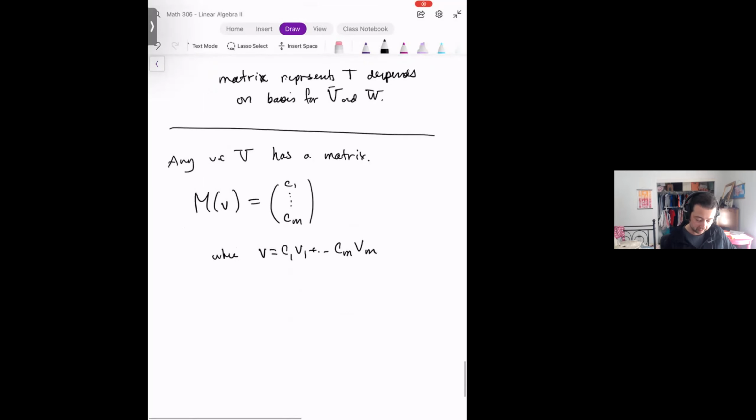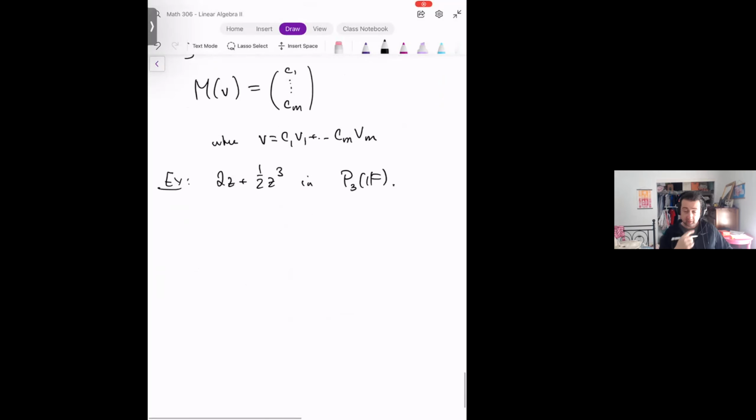So as an example of how this works, I might say something like, what is this polynomial, 2z plus 1/2 of z cubed, in P3 of F? Let's call this p. What's the matrix of p?